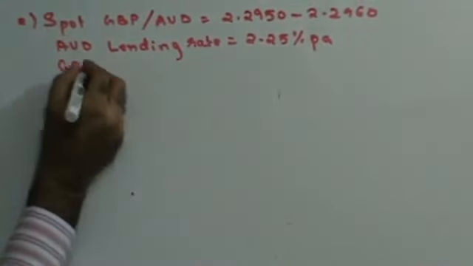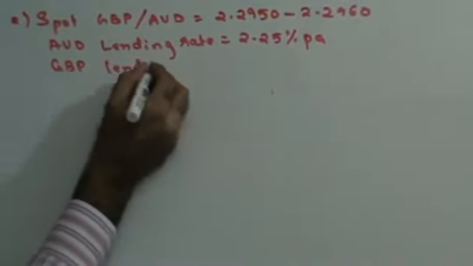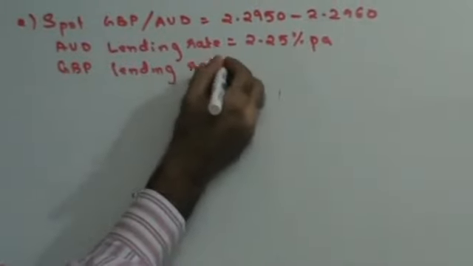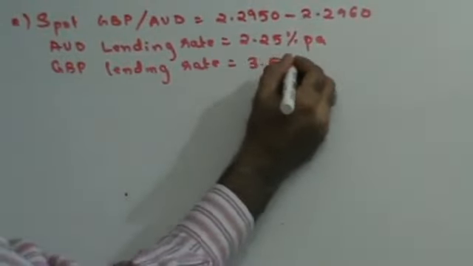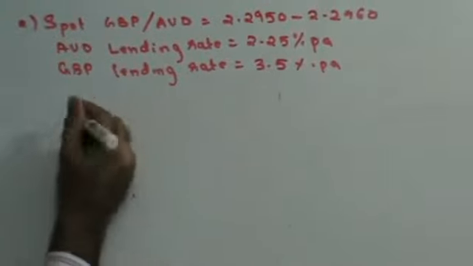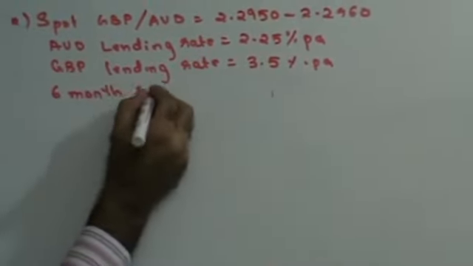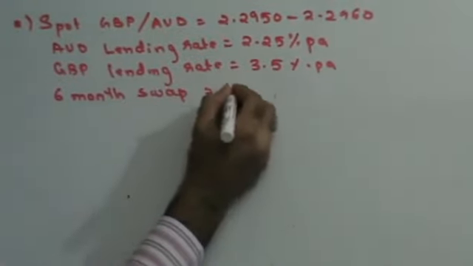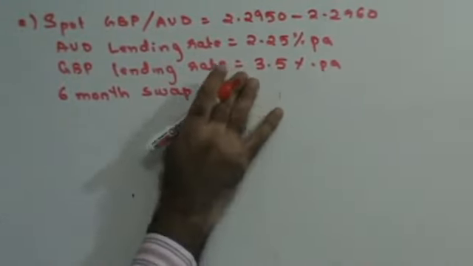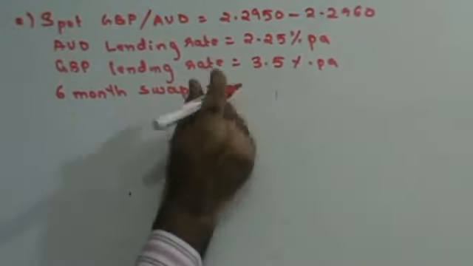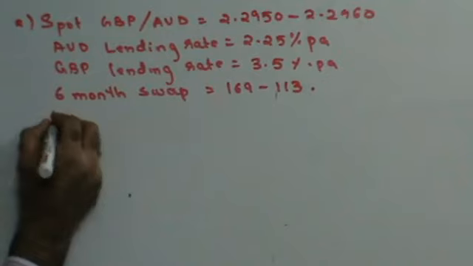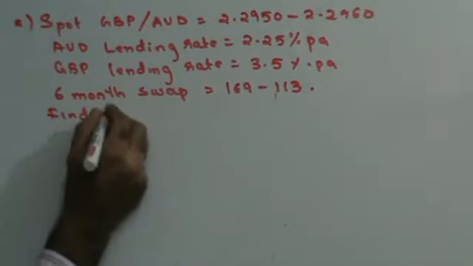Sterling pounds lending rate is 3.5% per annum. 6 months swap is 169, 113. Right? Find deposit rate.